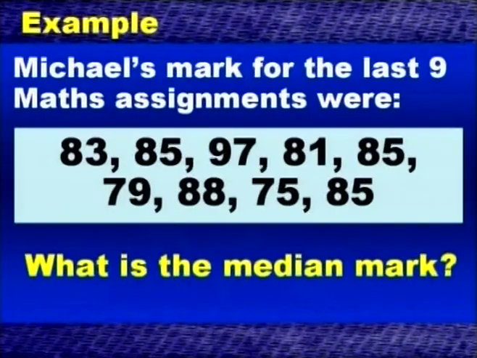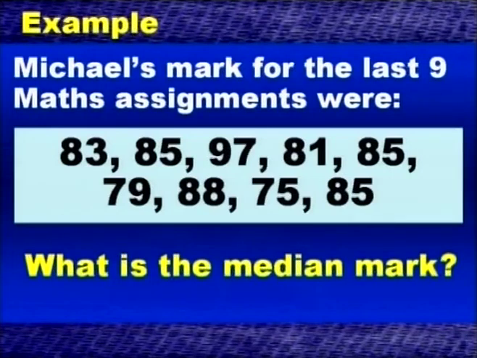Now class, on the screen I have an example of data that we have used in our previous lesson. So I'd like us to look at the screen. In our previous lesson, using that same example, we found the range and mode of Michael's mark. Now we are going to find the median.